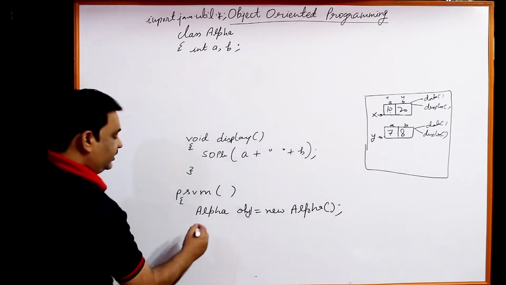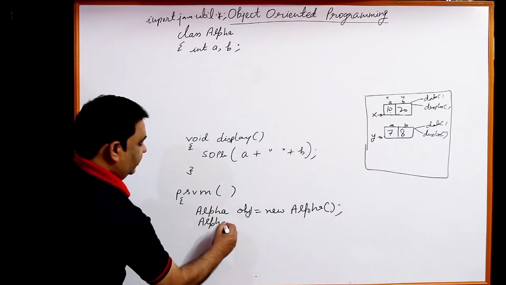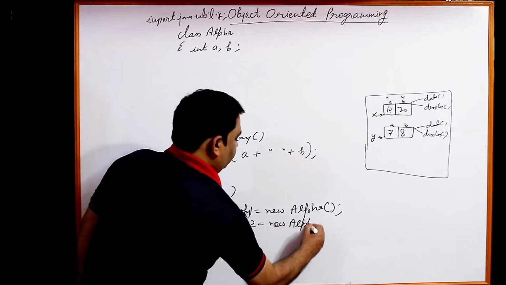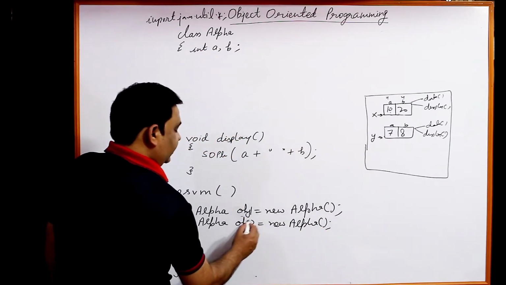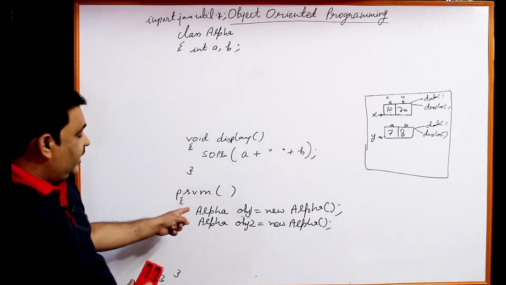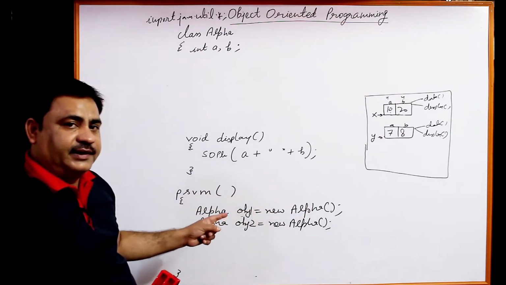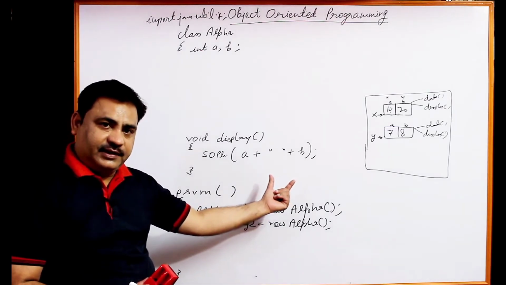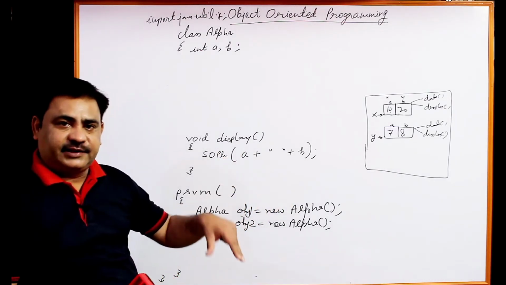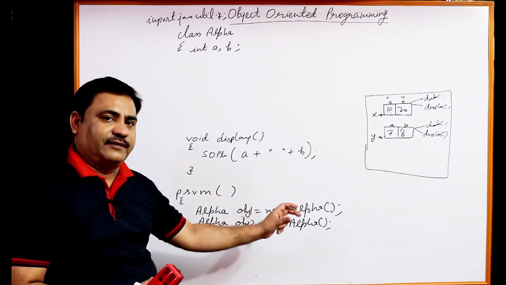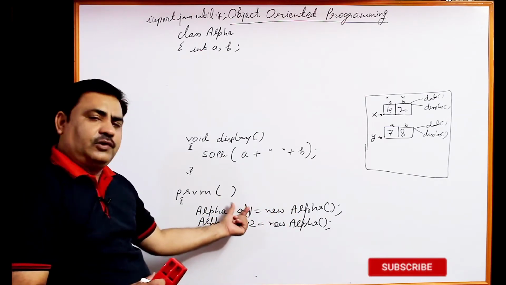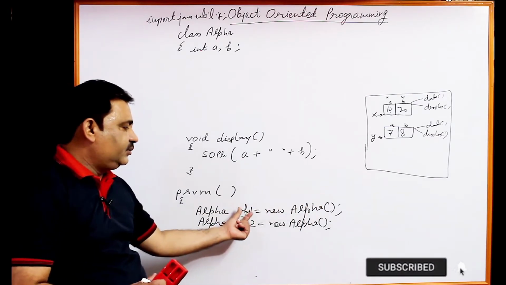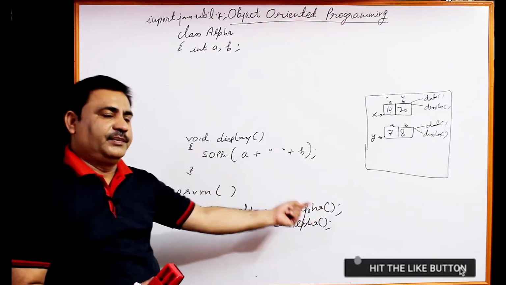This way you can also write the statement if you want to create another object alpha obj2 equal to new alpha. In such a way you can create any number of objects. Here I have written single statement. In the previous step I have written alpha x. First of all I have declared the variable, declared the object, then in the next statement I have allocated the memory x equal to new alpha. Here I have written alpha obj1 or x equal to new alpha. So in the one statement you can declare the object as well as you can allocate the memory.